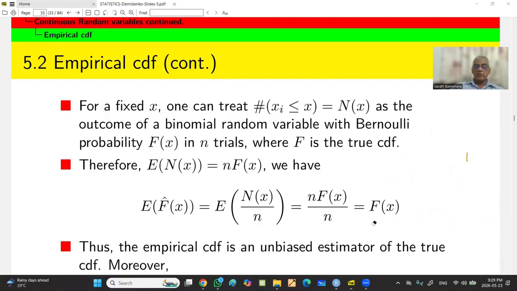This is something that we want to estimate, some unknown quantity, a parameter, an unknown constant. F hat x is the estimator of that quantity. And we have shown that the expected value of the estimator is equal to what we want to estimate. Usually for any random variable, the possible values are around its expected value.